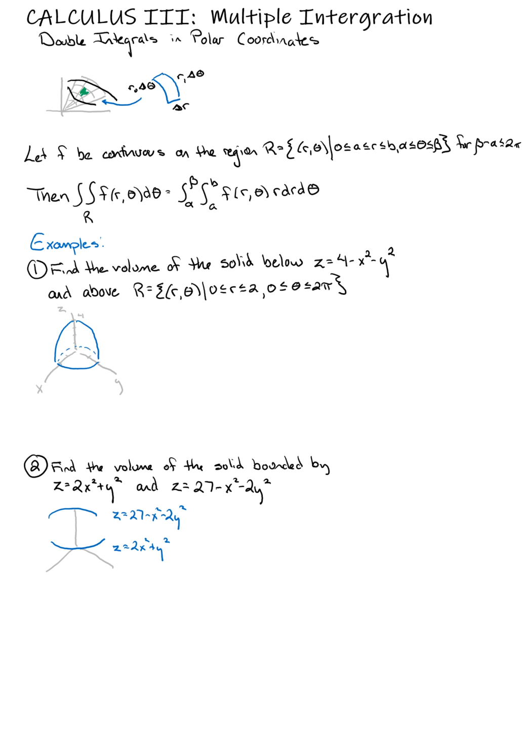So to begin with, I'm going to take one of our little rectangles. Remember, this is our region over which we are integrating. I'm going to take a look at one of those rectangles and enlarge it here. Now, if you recall, we'll have our change in the radius, delta r. That's going to be one dimension of this.